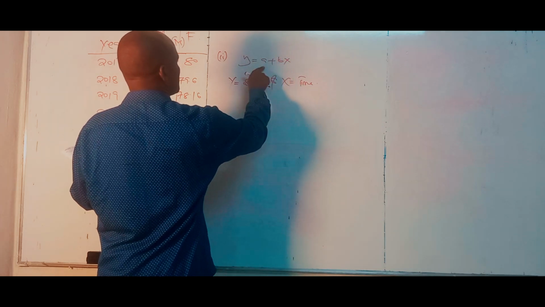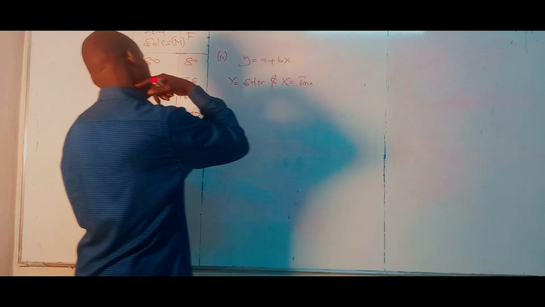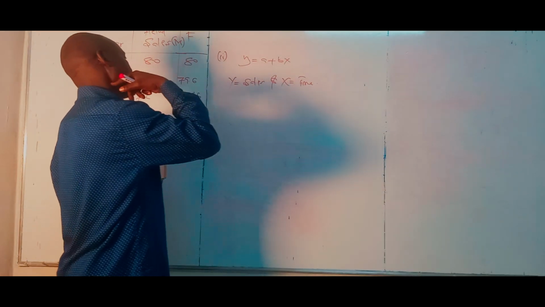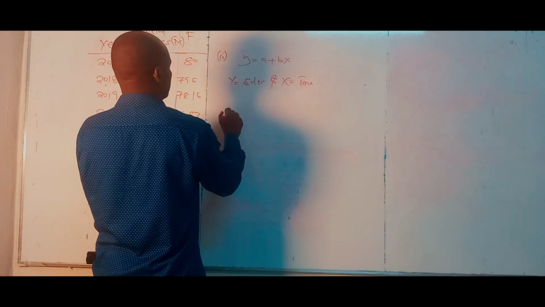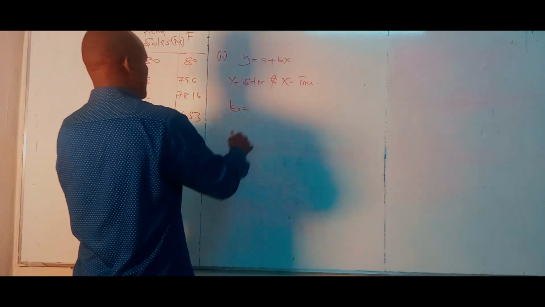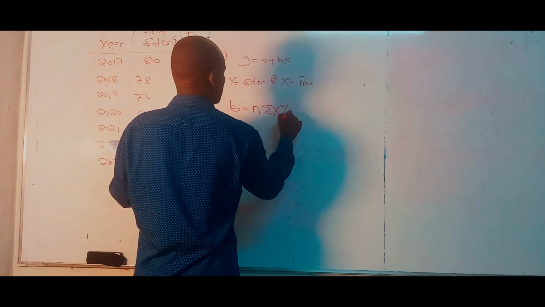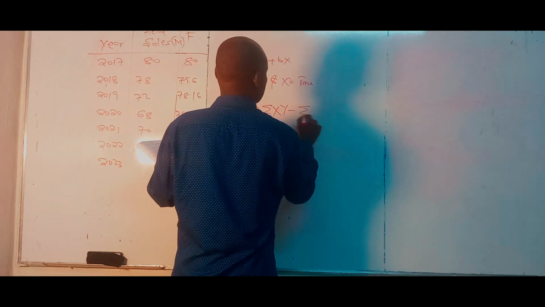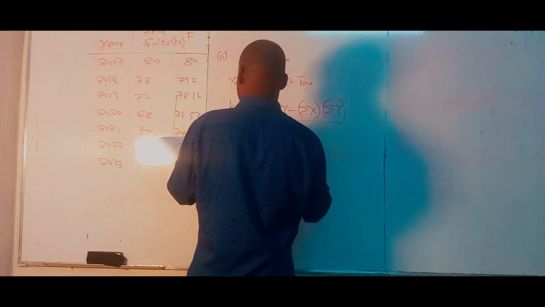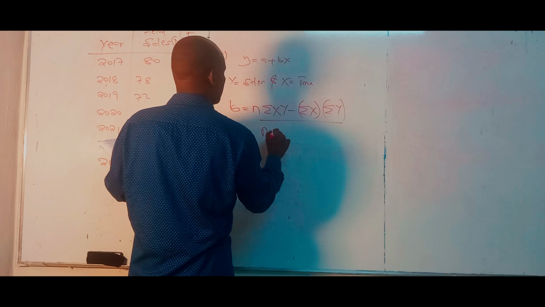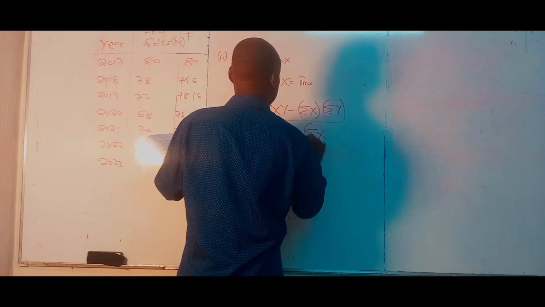Now a here is the value of y when x is 0, so it's synonymous with the y-intercept. b is given by the expression n summation of xy minus summation of x times summation of y, all over n summation of x squared minus summation of x, squared.